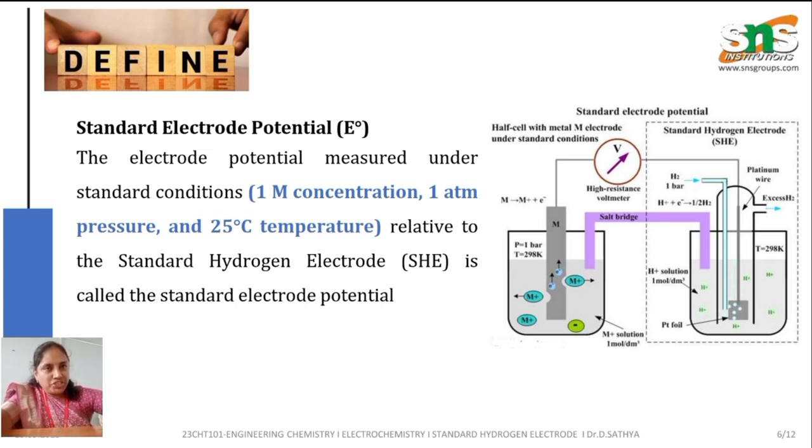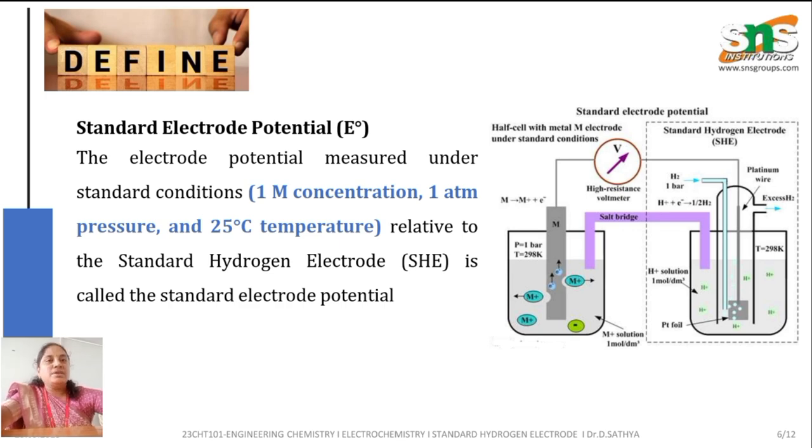So what is meant by standard hydrogen potential? In this diagram, we have used two half cells. One half cell we have fixed as the anode, for example the zinc anode in one part of the cell, and the other part is the SHE. That means the standard hydrogen electrode is set up as the cathode. So using the reference electrode, the standard hydrogen electrode, we can calculate the anodic zinc electrode potential.